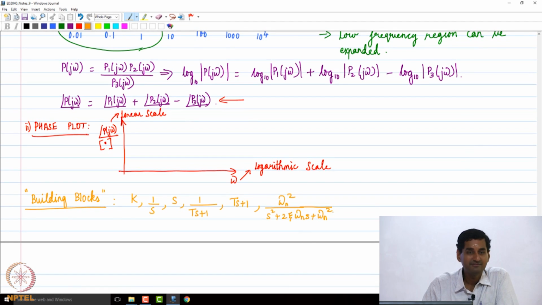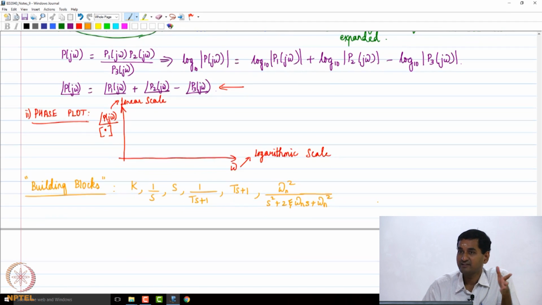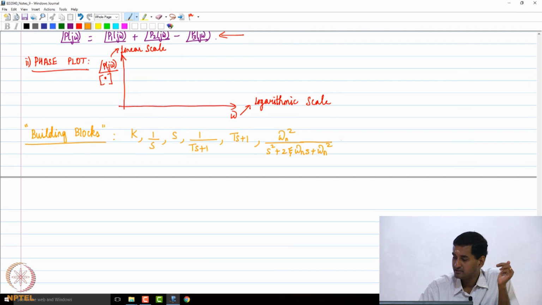So we can have such a second order factor which cannot be factorized into real factors in the denominator. Same way I can have a second order factor in the numerator of the transfer function.